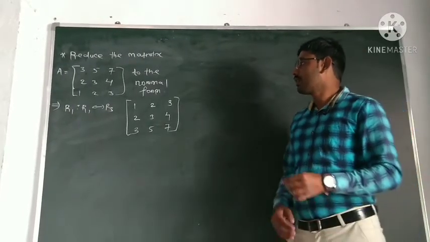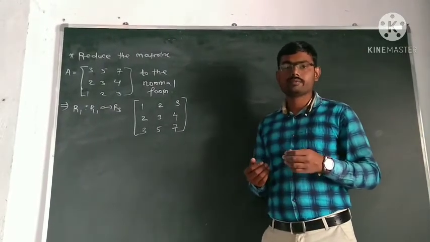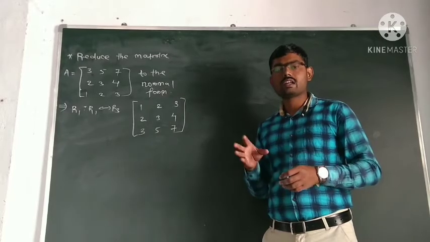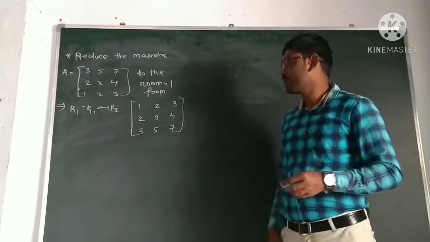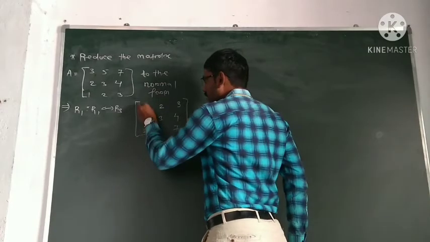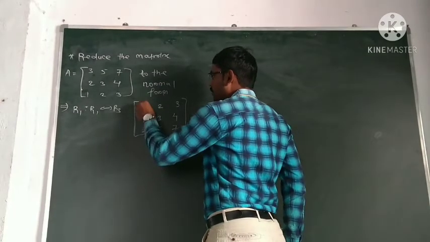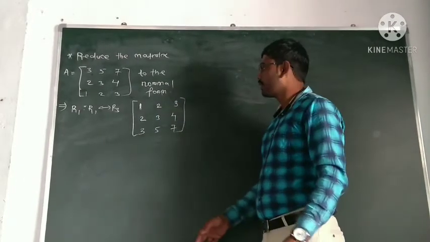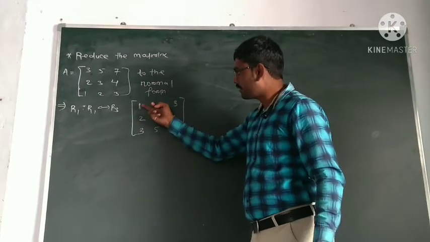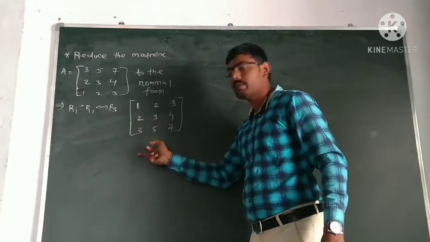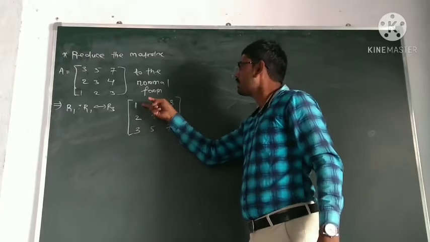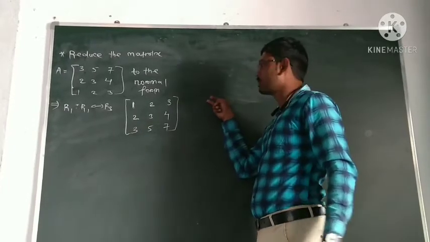Now our next target, to reduce the matrix to normal form, is to make the first row and first column element 1, then make all the elements below it 0 and all the elements in this row 0.